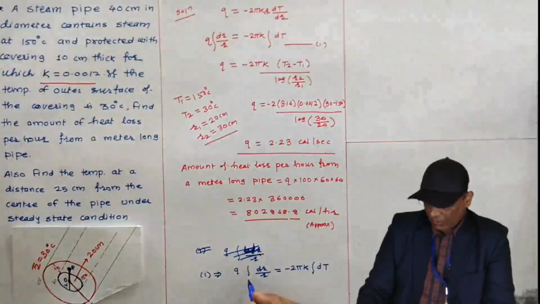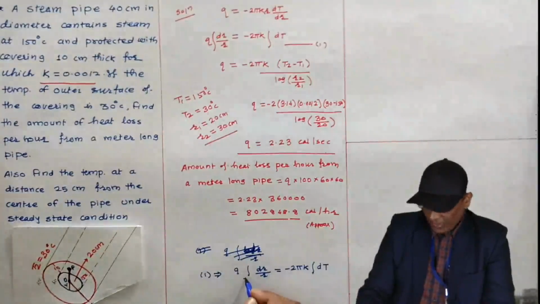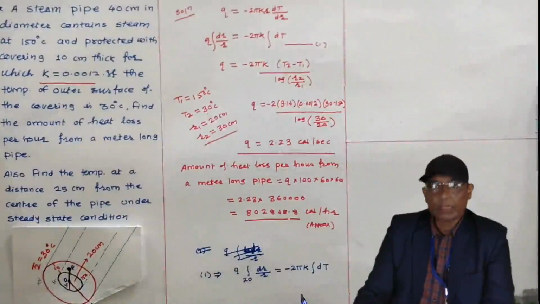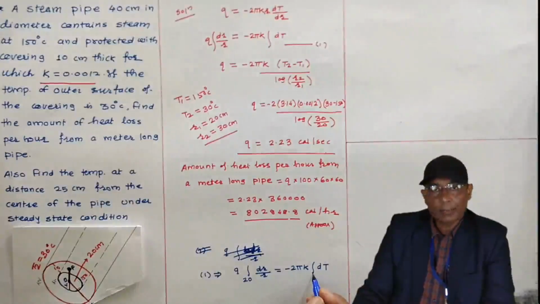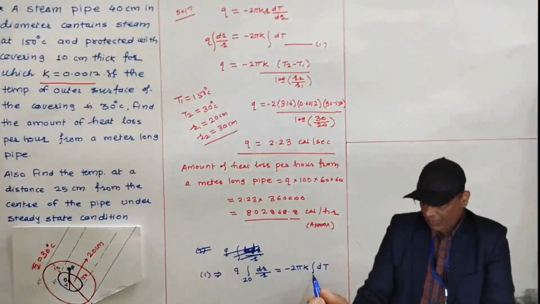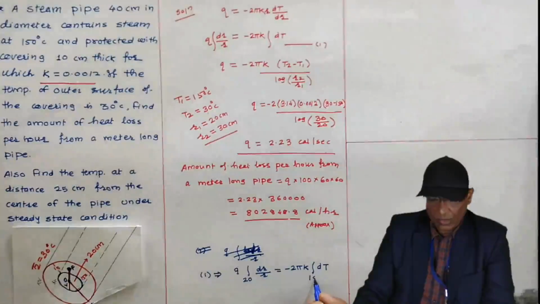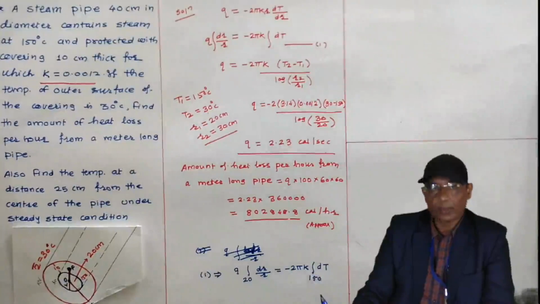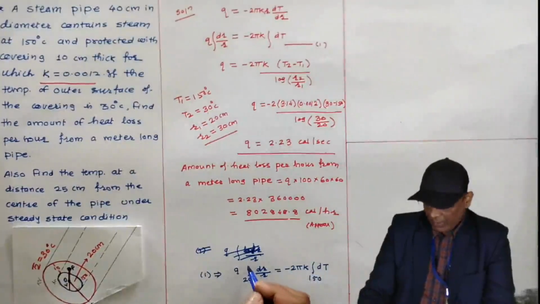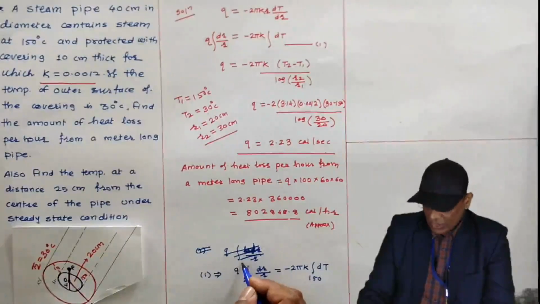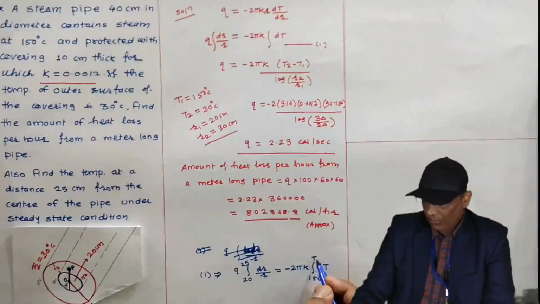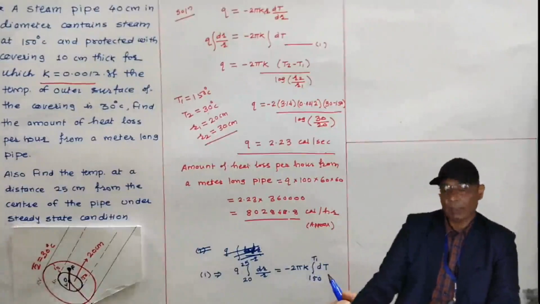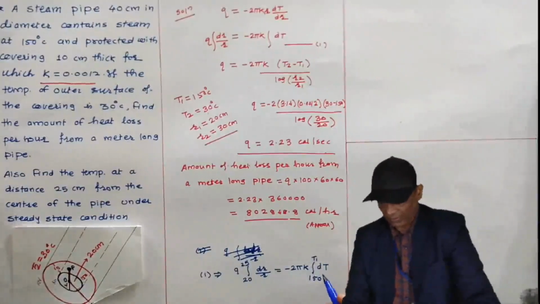Now, when R is 20, the inner radius is 20, and the temperature at the inner surface is 150. And when the distance is 25, we have to find T, meaning the temperature at R equal to 25.